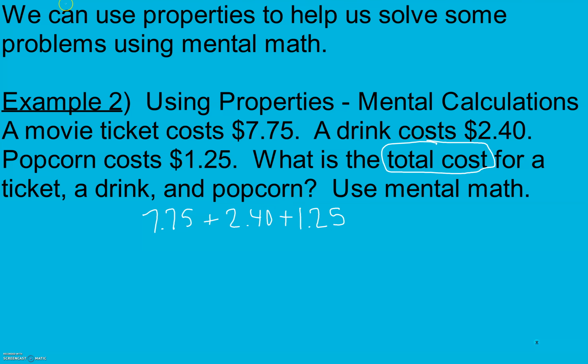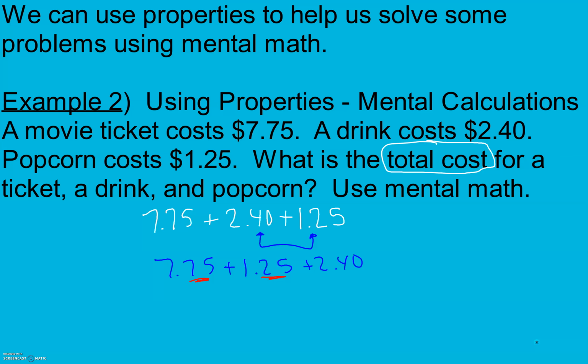Now if we look at these, using mental math isn't super difficult, but it's also not as easy as it could be. If we just commuted two pieces here, meaning moved those around, now we get pieces that are a little bit easier to work with because 75 cents and 25 cents makes a full dollar.